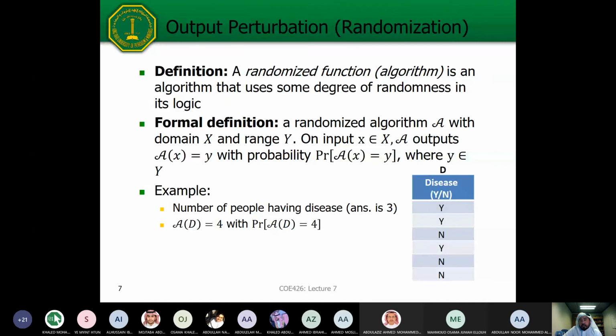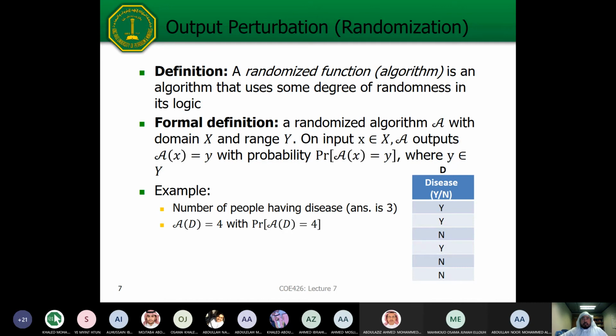In another scenario, let's say this algorithm produces 2. What is the probability that this randomized algorithm will give 2 as a result of this question, and so on? So this is a definition of the randomized algorithm and its probability.